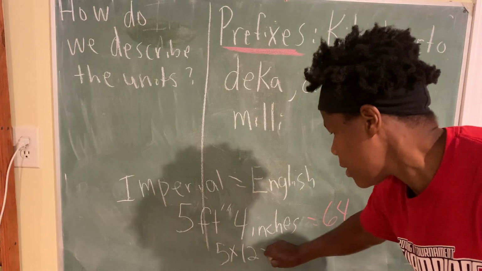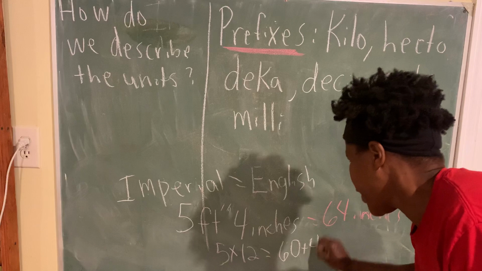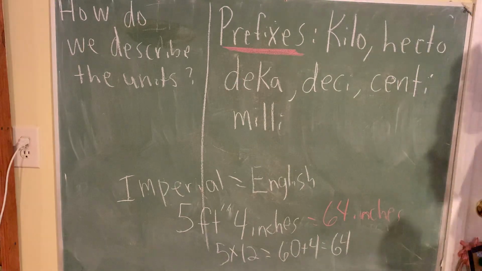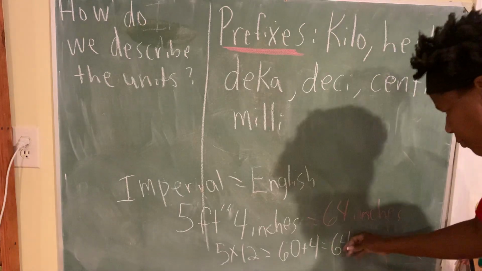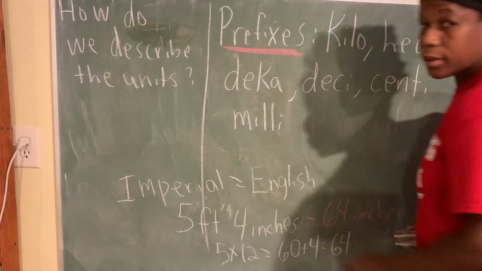And then you said that's 60. 60 plus 4 more inches equals 64 inches. That's absolutely right. Good job. So 64 inches.